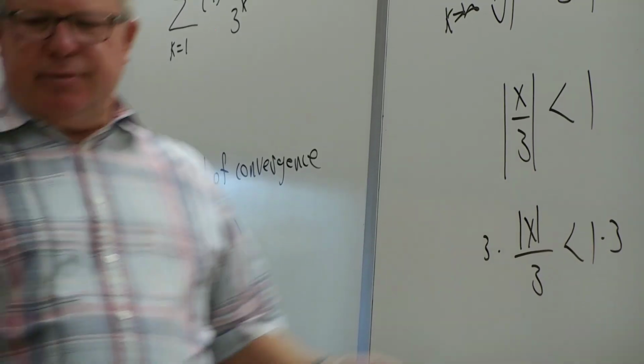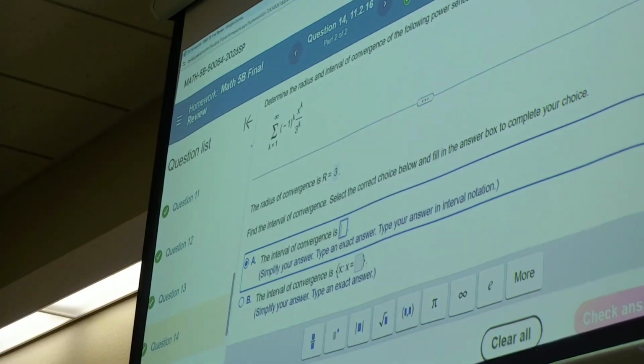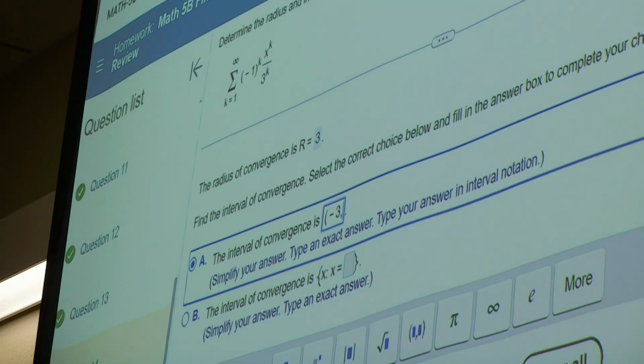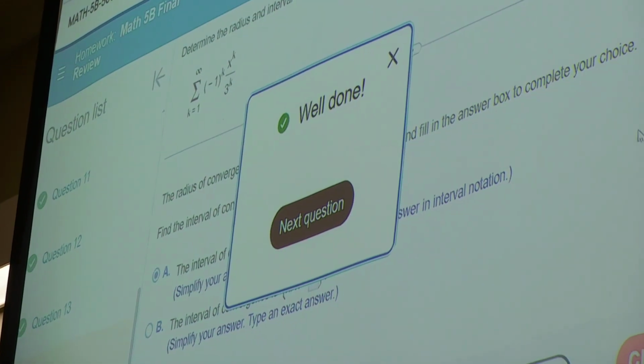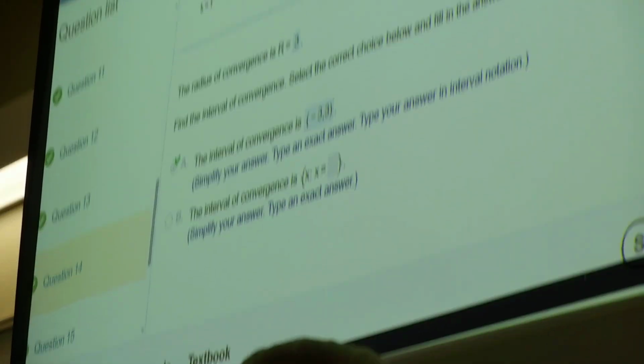Let's check that. Divergence, -3, 3. There you go.